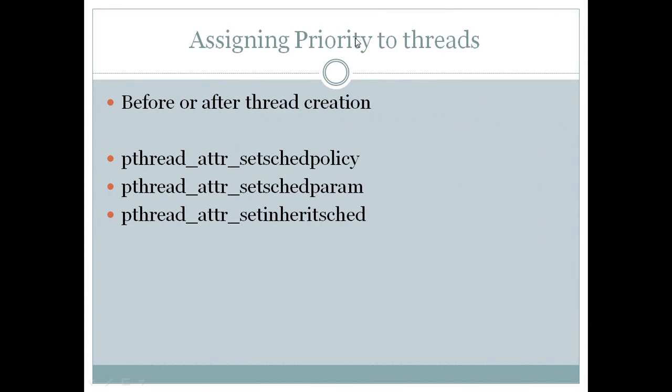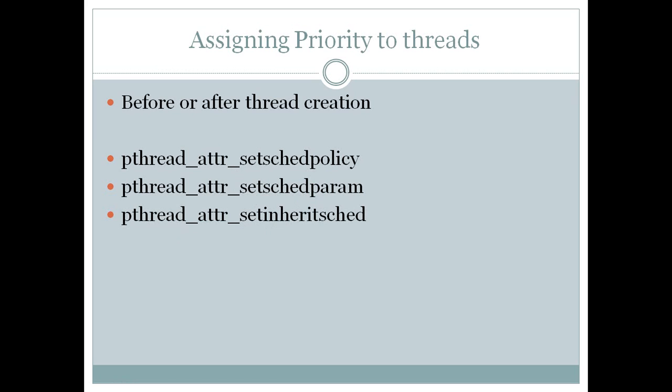Now, how can I assign priority to threads? First of all, I need to set a scheduling policy. These are just some basic APIs that we can use, and this is for setting the priority. If we set the policy and the priority alone, it does not help.